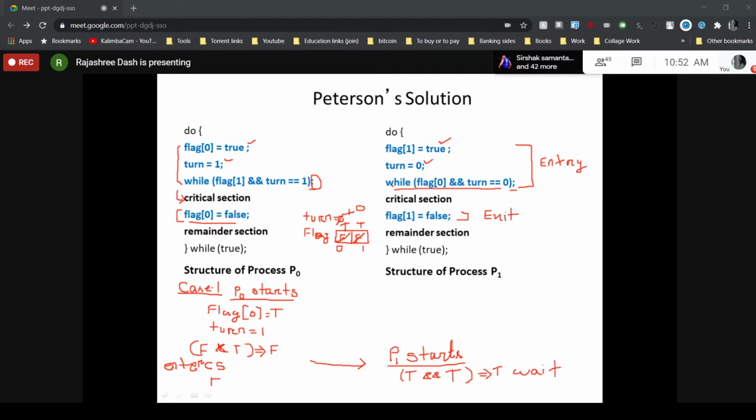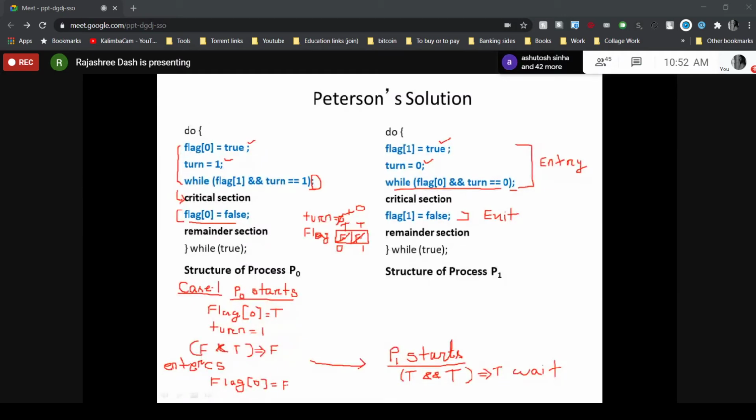P1 is not able to proceed further, that means P1 is not allowed to enter its critical section. Now let P0 complete its critical section, and after completing it, it sets its flag value to false. Flag 0 equal to false.